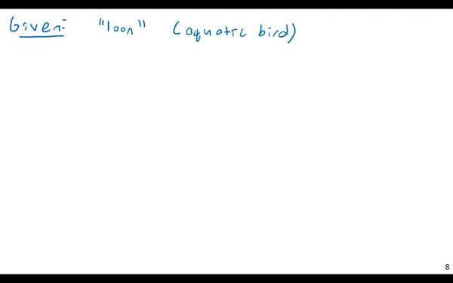And what I want to say then is, I want to find, so we're given that we're dealing with a bird, and find the swimming velocity needed to produce the same dynamic pressure as when it flies.